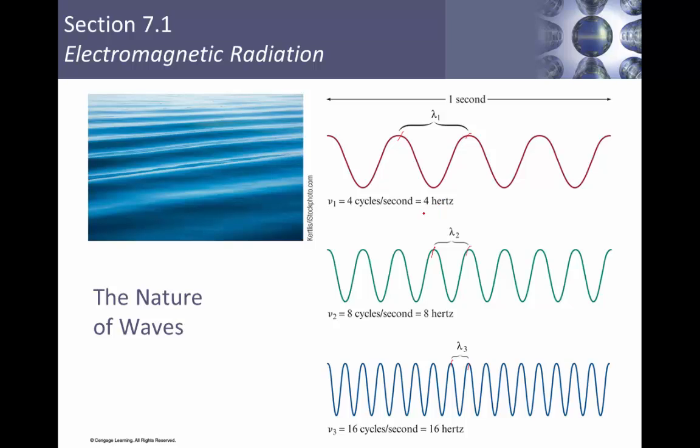And then wavelength is measured in meters, and if the waves get really small, we tend to use nanometers to work with better numbers. Okay, so in the next slide, or after this slide, I'm going to insert a clip showing you how to use the speed of light equation.